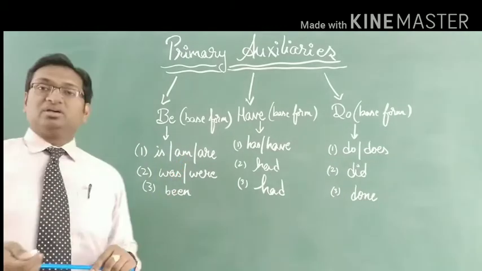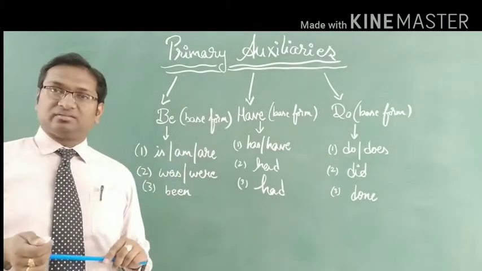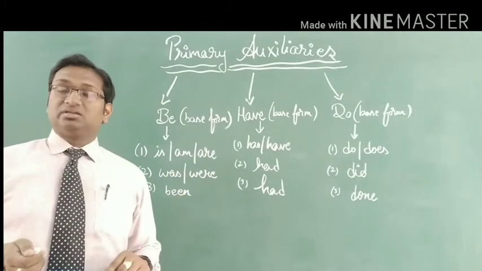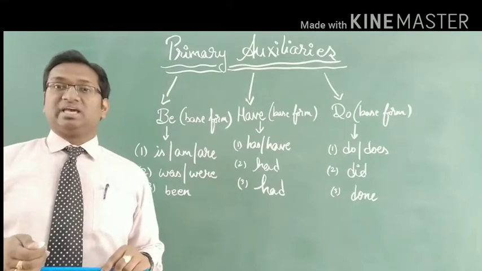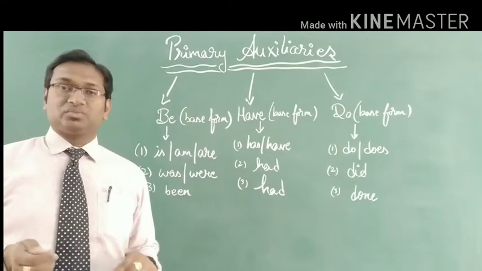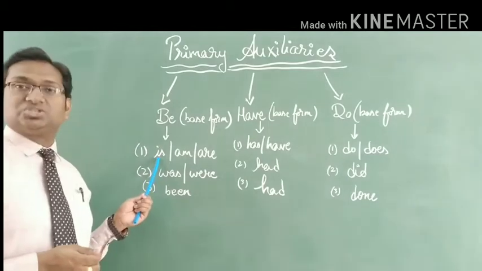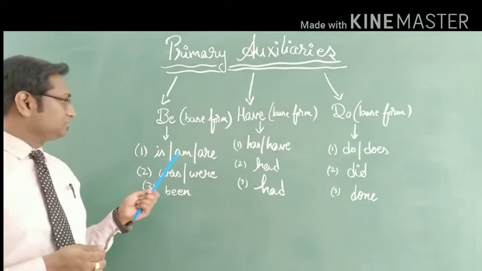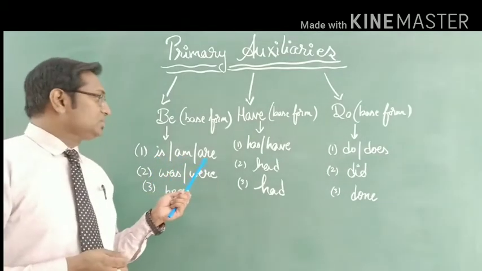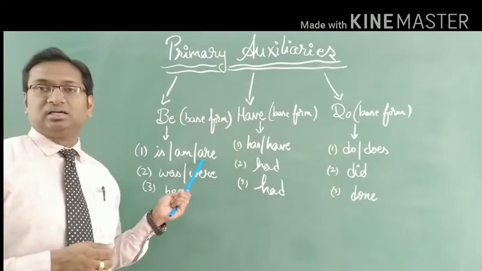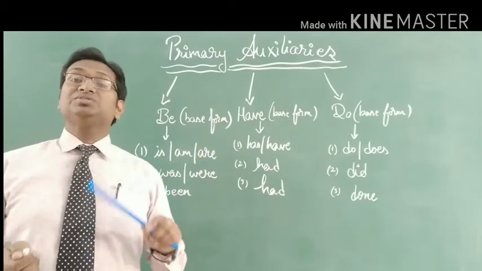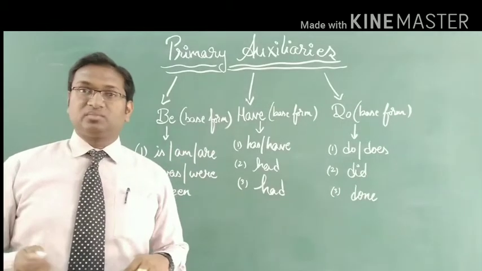With am, only I. With are, we, they, you. So he is, she is, it is, I am, you are, we are, they are. Now these are used for present.